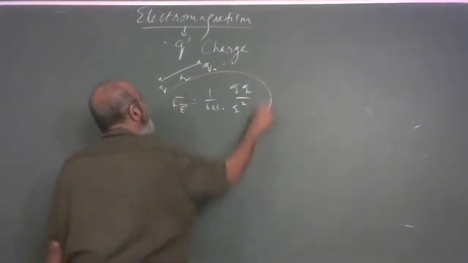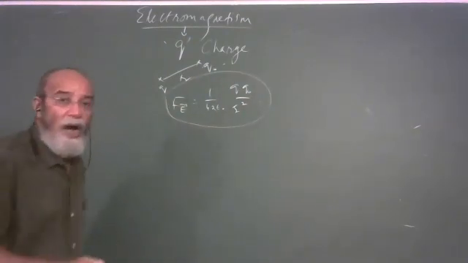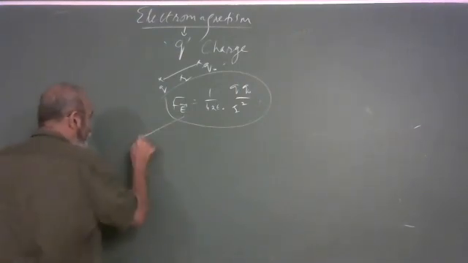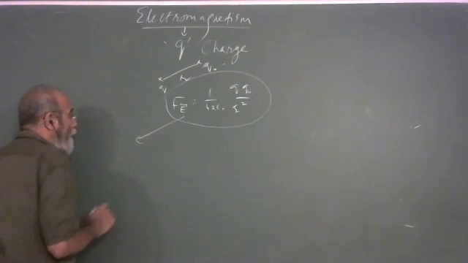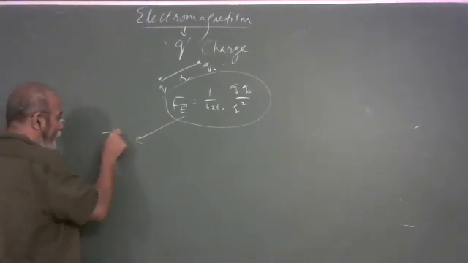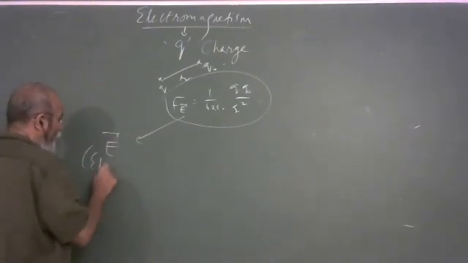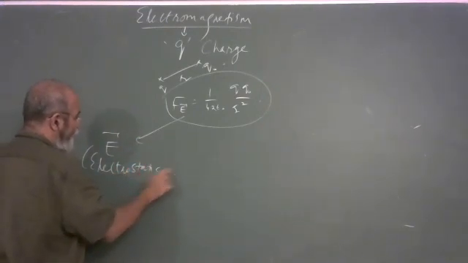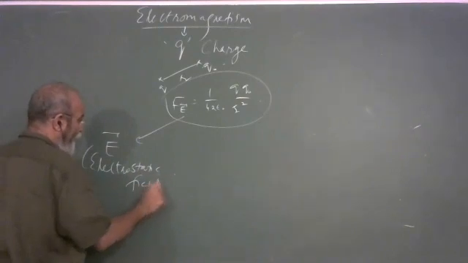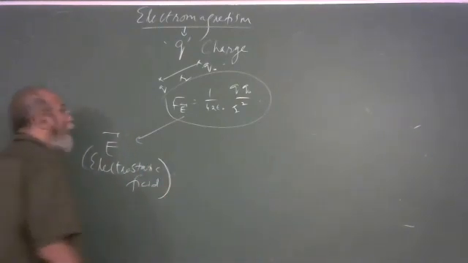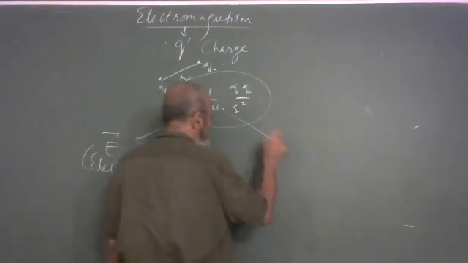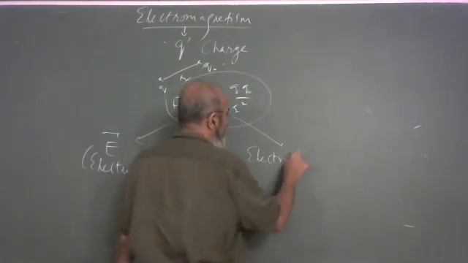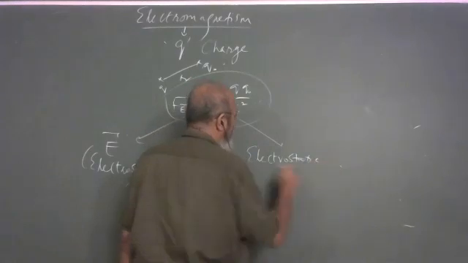From this, I'm going to develop two ideas. One is the idea of an electric field or electrostatic field, and another idea I'll develop from this is the electric or the electrostatic potential.